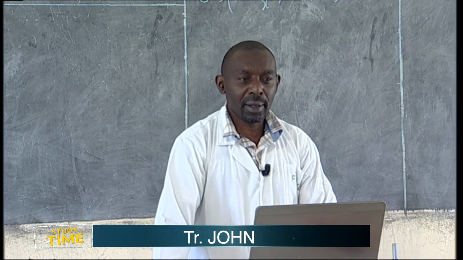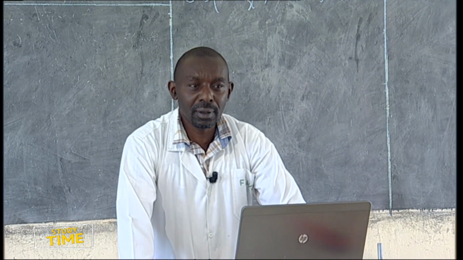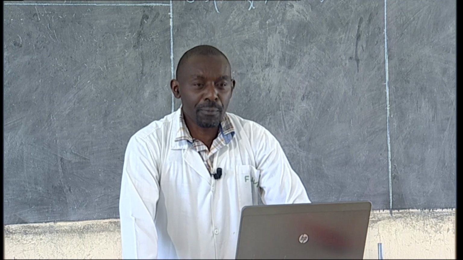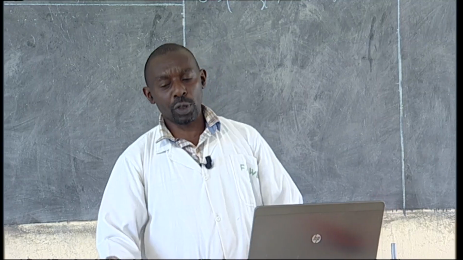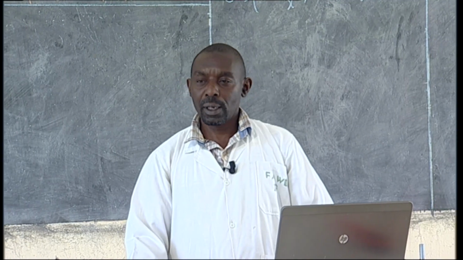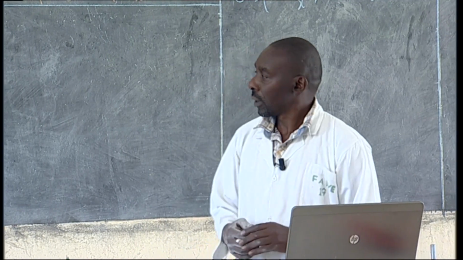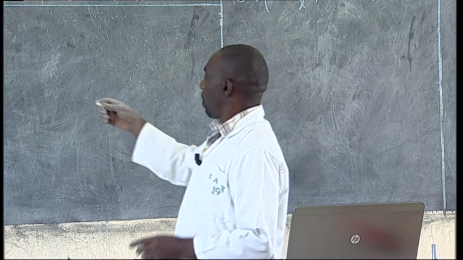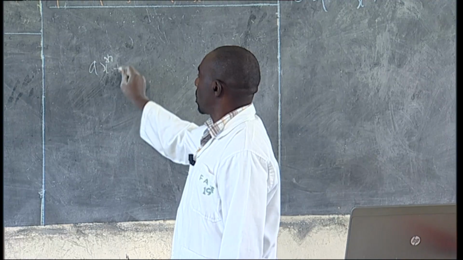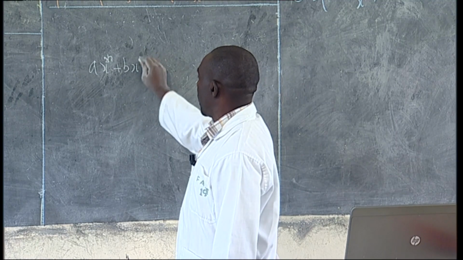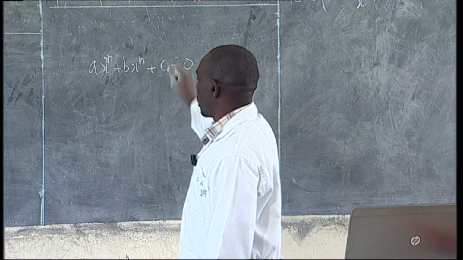So welcome back to this math lesson. You know, I've been solving equations reducible to the quadratic form. We have equations of this form, a x power 2n plus b x power n plus c equals 0.